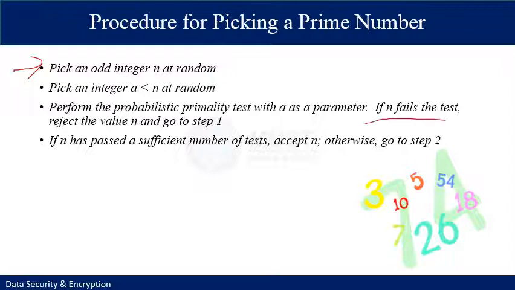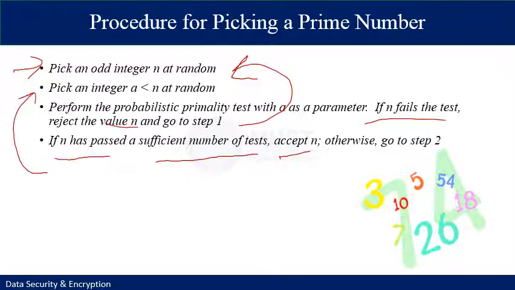If n fails the test, reject the value of n and go to step number 1. If n has passed a sufficient number of tests, then accept n, otherwise go to step number 2. So keep repeating the test until you have the confidence that your selected number is a prime number.